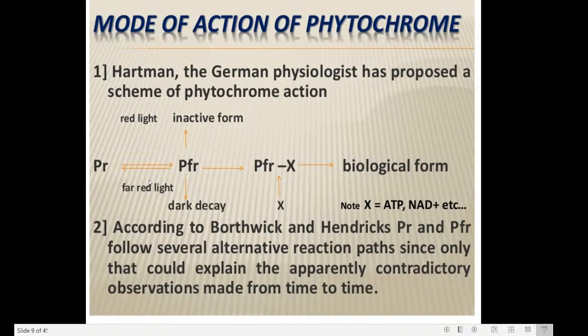If there is far-red light, it is in the active form and interacts with the product, that is ATP or NAD, and that product formation helps the biological response. These two forms depend on light alone. If there is red light, phytochrome 2 gets activated; otherwise, with far-red light, it is inactivated.